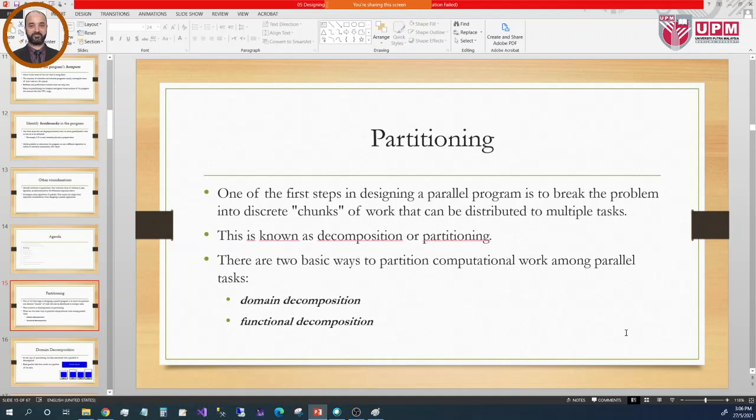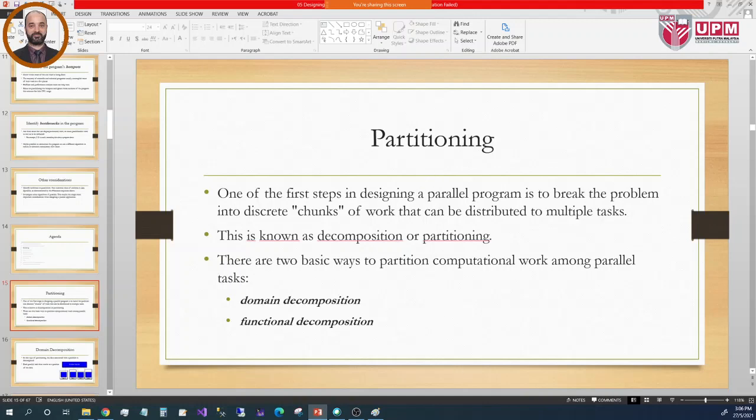The first step is to understand the nature of the problem, the second step is to find the hotspots and bottlenecks, and the third is partitioning: to decompose the program or the data into small partitions. Those small chunks of data or small chunks of functionalities are supposed to be independent from each other.